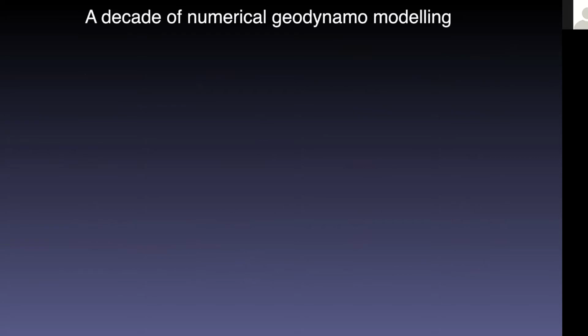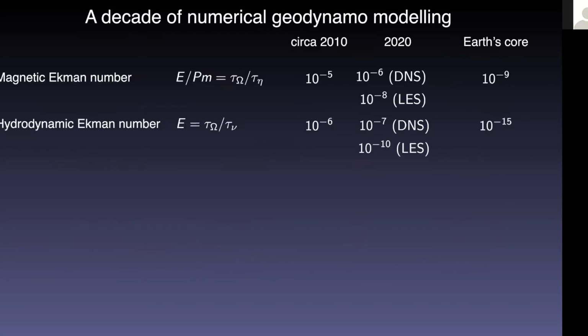If we now focus on the Earth's core case, this is the progress that has been made in a decade of numerical geodynamo modeling. For two of these timescale ratios, and also the hydrodynamic Ekman number that involves the viscous time tau nu, there's been not much of an advance, even though we are now closer to Earth's core conditions than we used to be, especially thanks to large eddy simulations that I'm going to talk about a bit later.